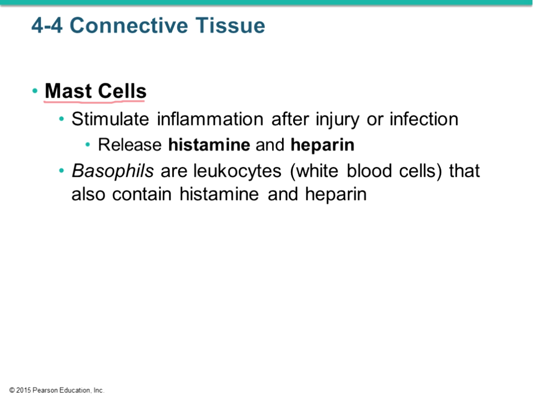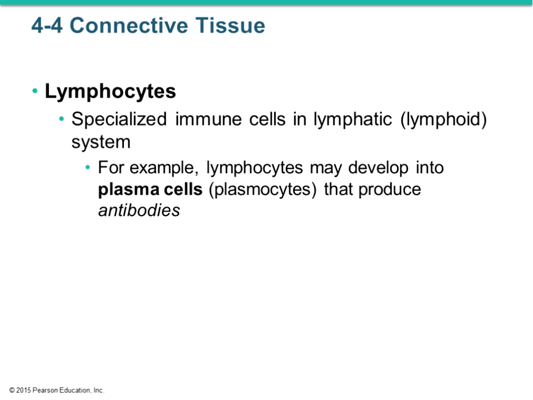Mast cells are really important in stimulating inflammation. So you get an injury or infection of some kind. Mast cells are going to release histamine and heparin, which we'll talk about a little bit later in terms of how those cells promote vasodilation and increase blood flow and oxygen to sites. So they can be very important in that process. Lymphocytes are specialized immune cells like T cells, for instance.